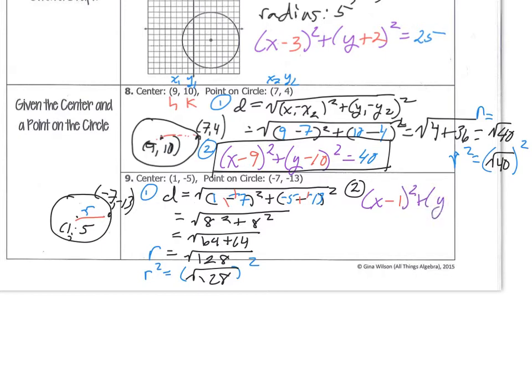So share your answer with those at your table. So one of you is going to tell me what the answer is, so I suggest you share your answer at the table.